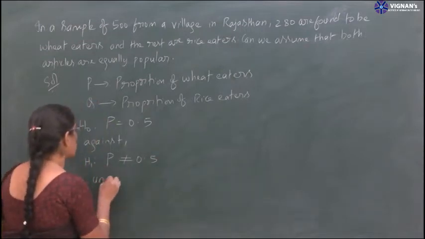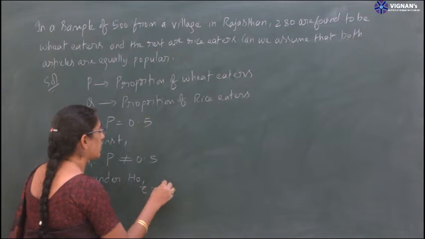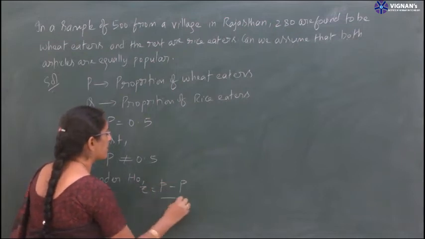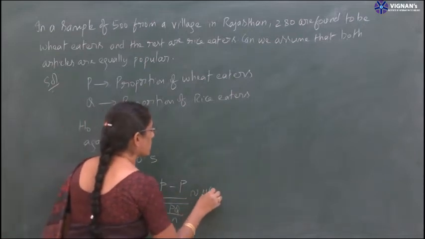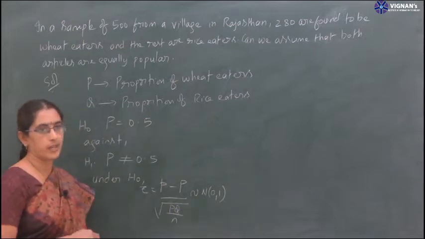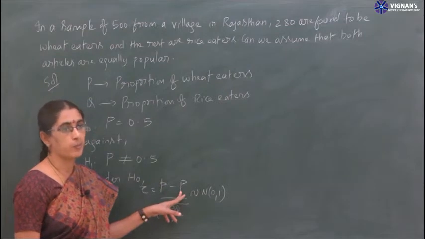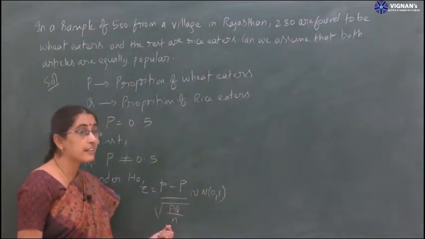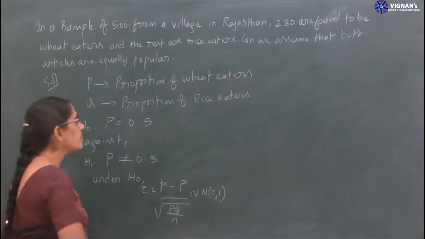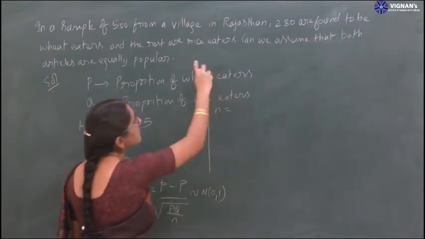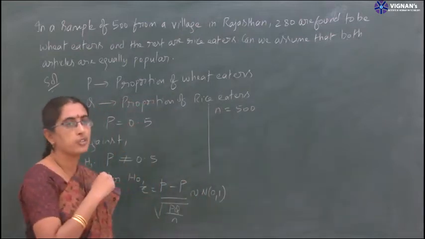Then under H0, the test statistic for single proportion is given by the formula Z equal to small p minus capital P by square root of capital PQ by N, which follows a normal distribution with mean 0 and variance 1. Here small p represents the sample proportion and capital P represents the population proportion, and the standard error for proportion is the square root of PQ by N. From the given data, the sample size is 500, and out of 500, 280 are found to be wheat eaters.